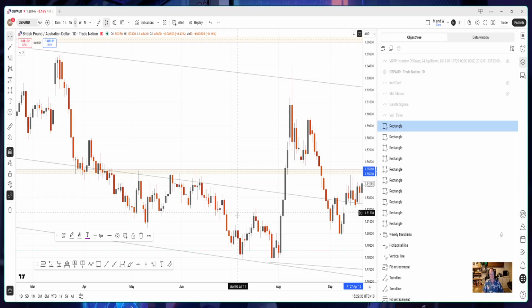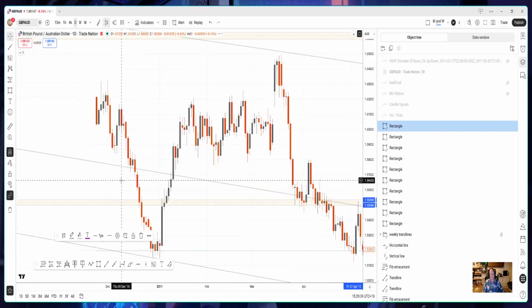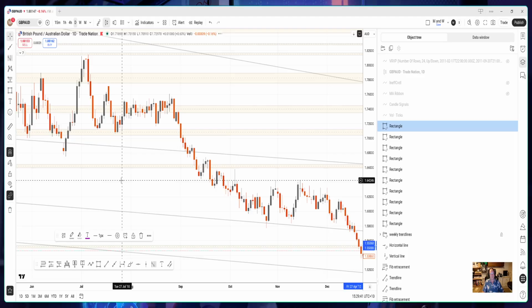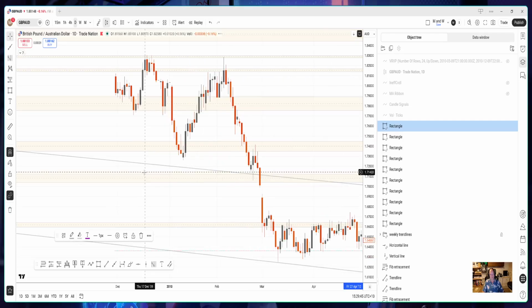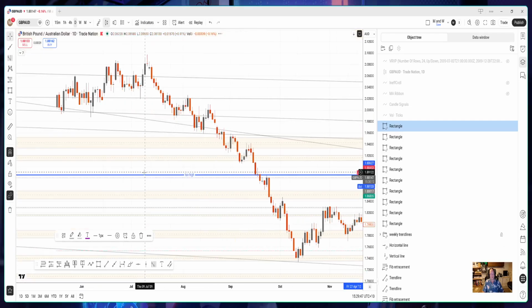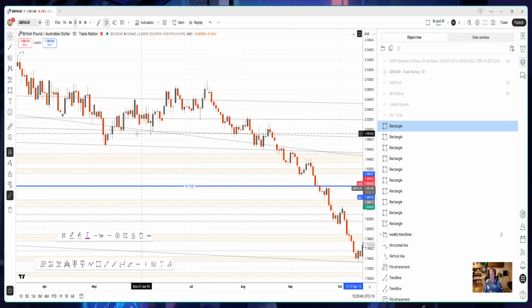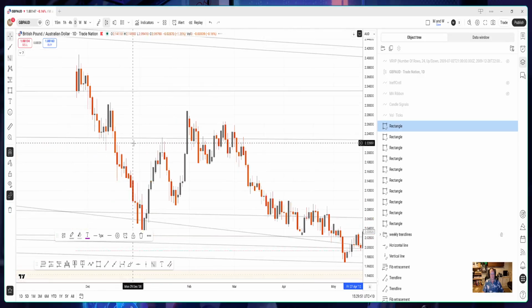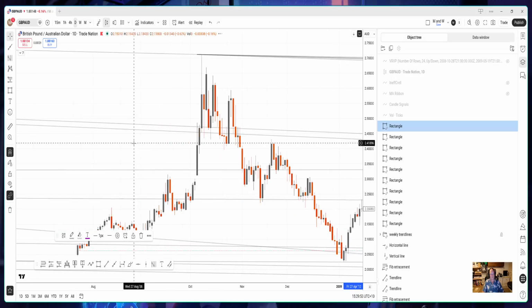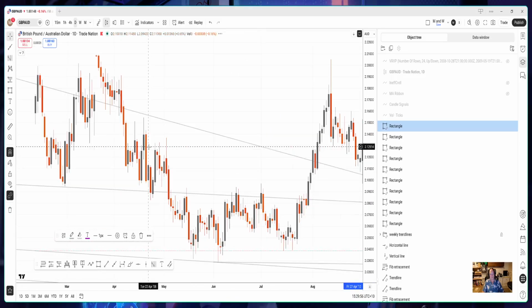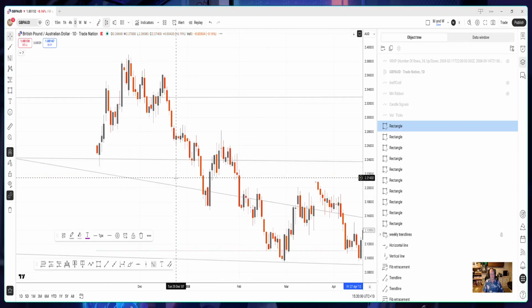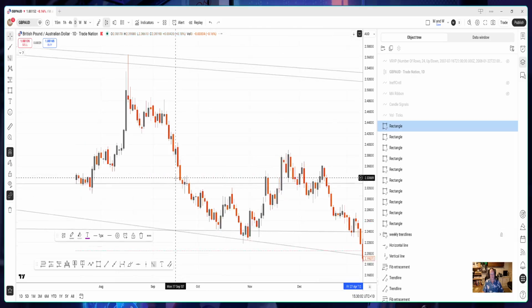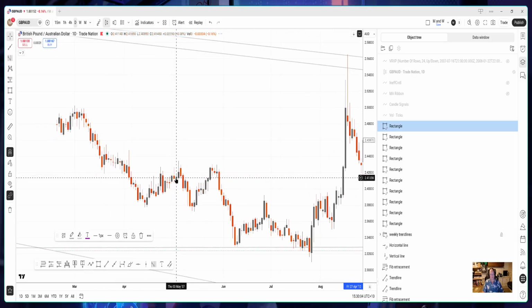There's a double top. Are we back to the beginning of time yet? No, we've got 10 years to go. Just holding down shift and scroll to scroll through time like this.